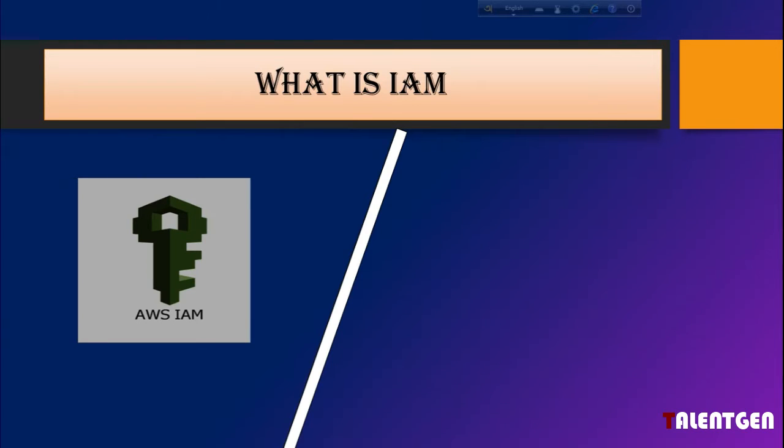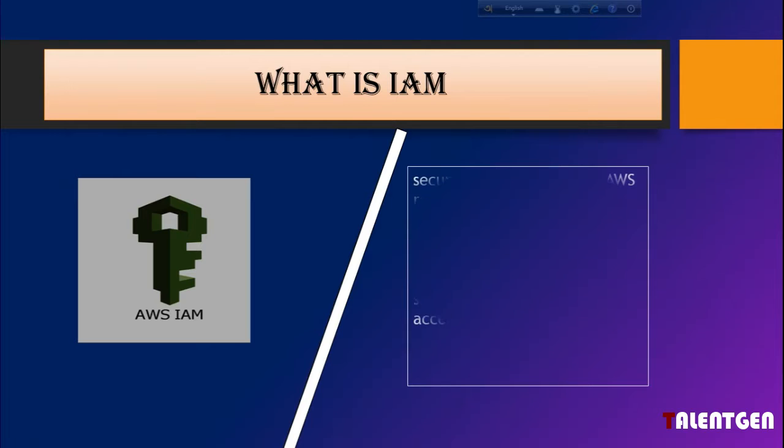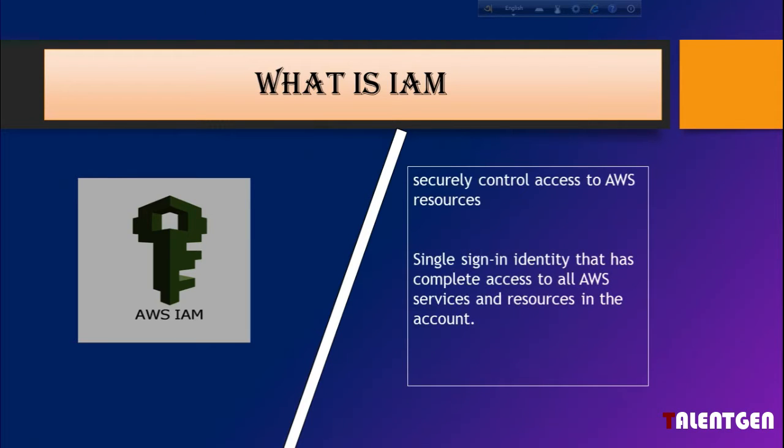What is IAM? IAM is basically a web service offered by Amazon's Web Service to securely control access to AWS resources.